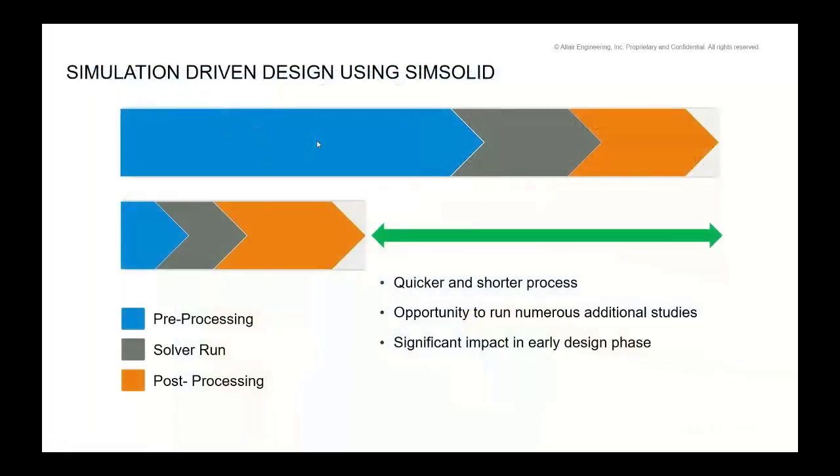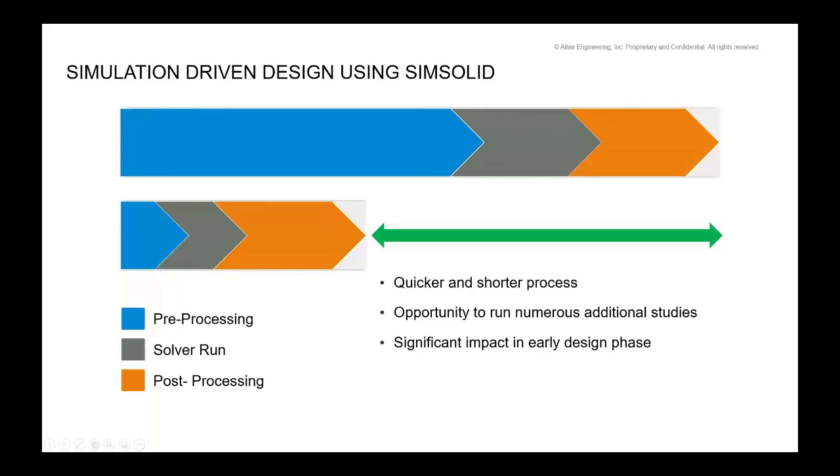So if we're going to compare between the traditional FE process, that'll be the top bar here, where a lot of time is invested into the pre-processing of it. I'm sure you guys have gone through the pains of you bring CAD in, it might not always be perfect, so then you're sat there cleaning the CAD up, making sure that all of your surfaces are connected properly, and then after you've done that, you need to make sure that you give it a mesh that represents your geometry well enough and that it's a good quality so that you won't get rubbish results.